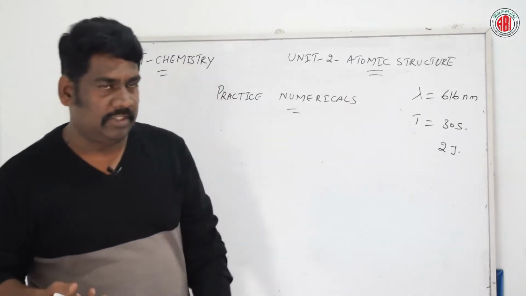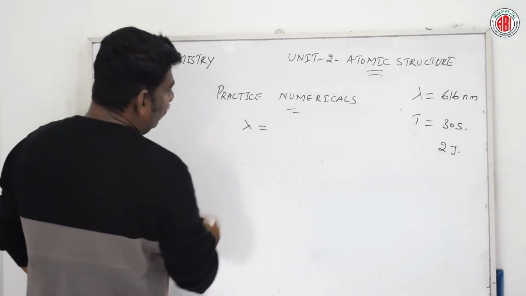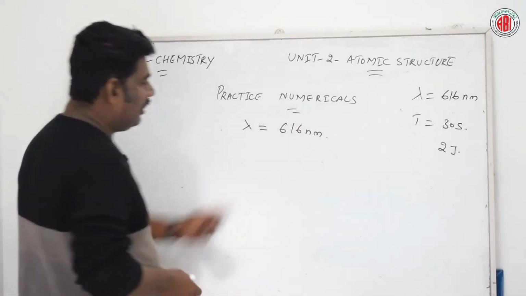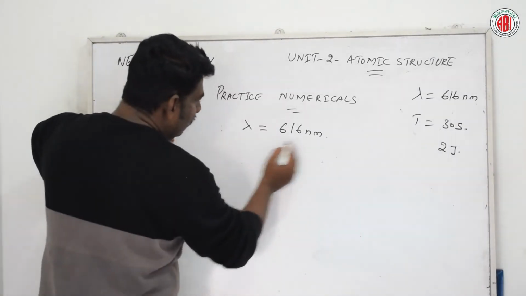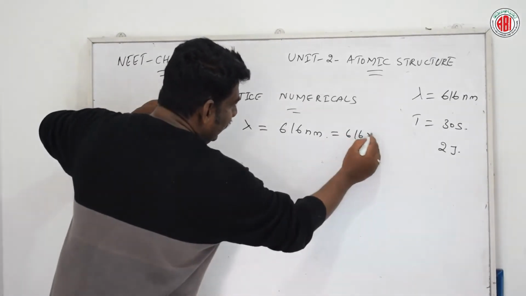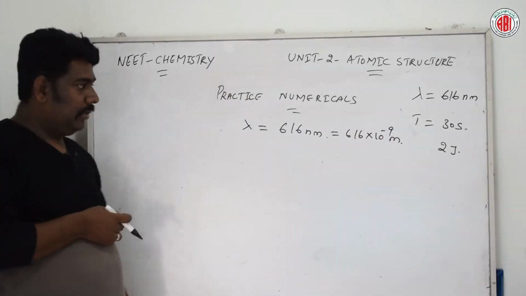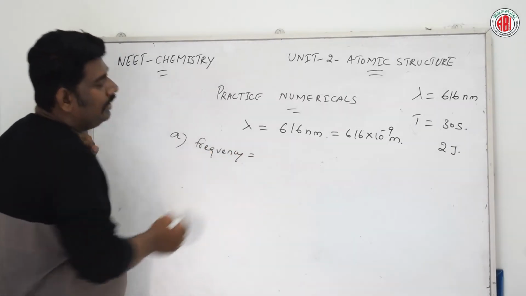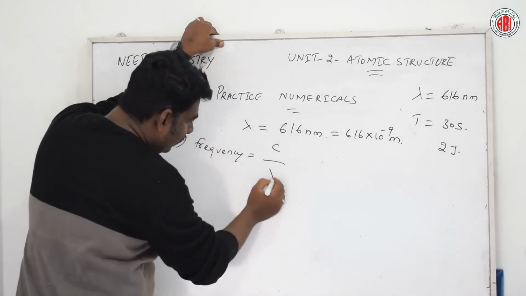Let us see how to solve this problem. Okay, first let us write the wavelength. Lambda is equal to 616 nanometer. Convert this nanometer into meter, that is 616 into 10 to the power of minus 9 meter. Okay, now let us find the first question, that is frequency. Yes, so frequency is equal to, we have a formula C by lambda.